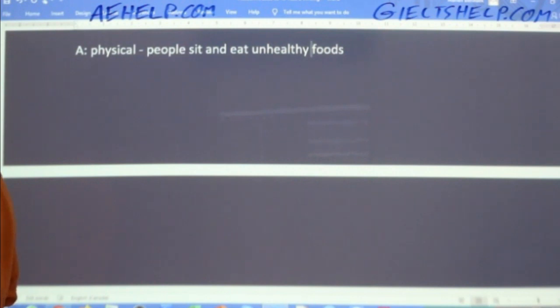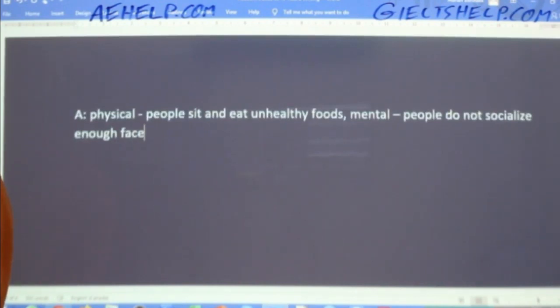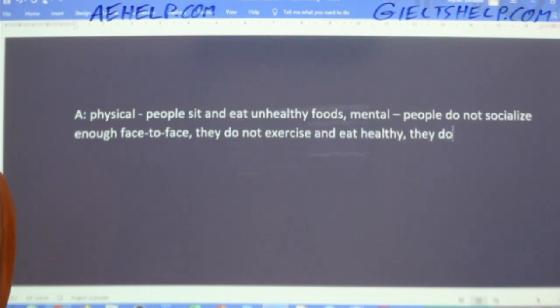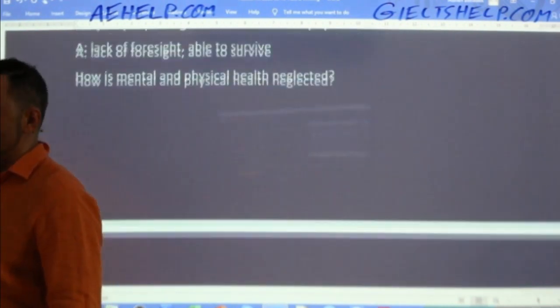And mental. People do not socialize enough face to face. They do not exercise and eat healthy. They do not express their emotions. Okay, so those are the hows.